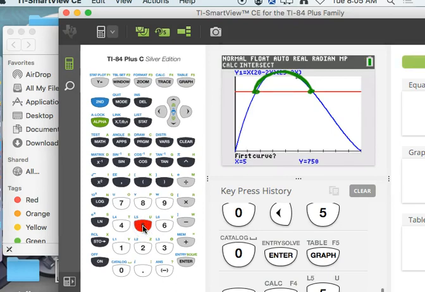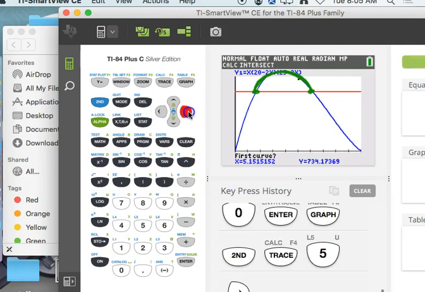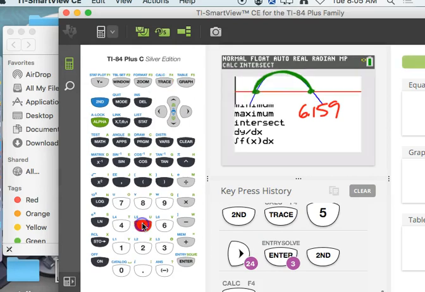You're at 5, 750. Well, we'll do the right one first this time, since that's where you want to be. Over here, please. That one, and there we are. So 6.159. Transposing a couple of numbers there. Give us that one. And second trace, number 5.